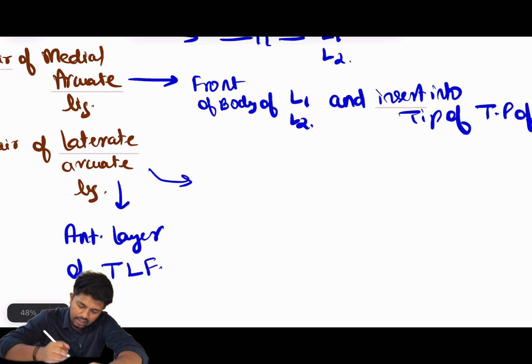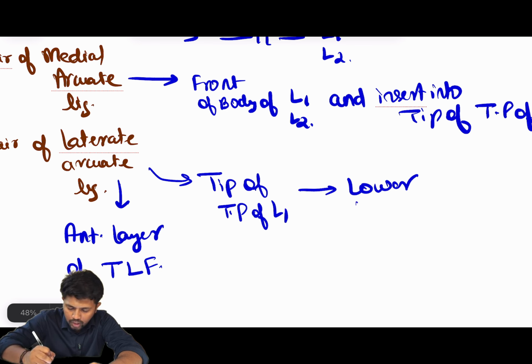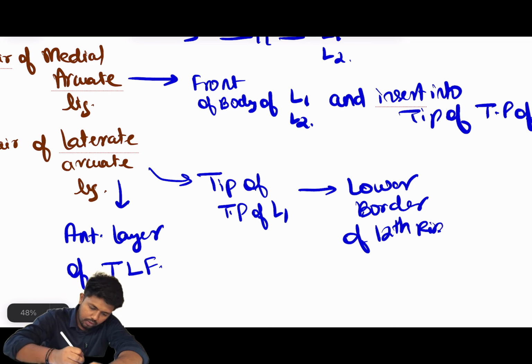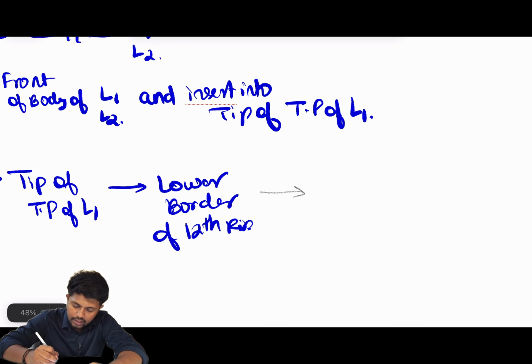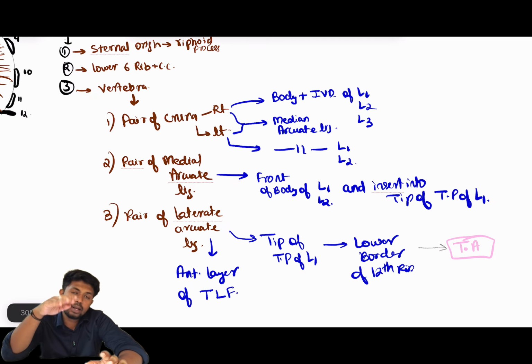The lateral arcuate ligament will arise from the tip of the transverse process of L1 to the lower border of the 12th rib, and it will interdigitate with the transverse abdominis muscle. Now, we have seen the vertebral origin: the right and left crura of the diaphragm, the pair of medial arcuate ligaments, then the pair of lateral arcuate ligaments.